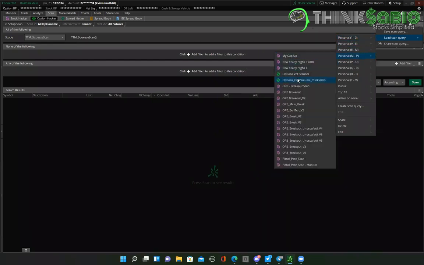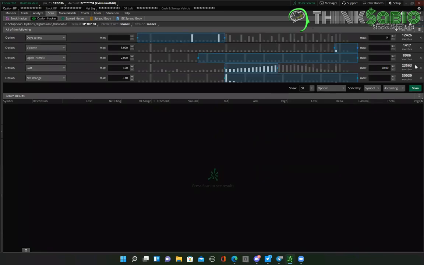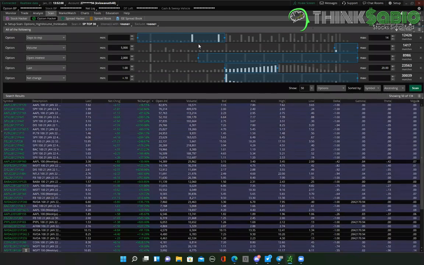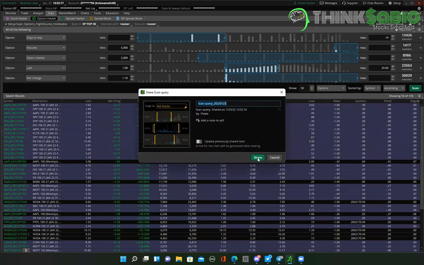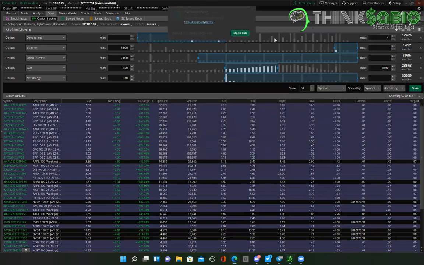Options volume scanner, here. This is a scanner that one of the guys in Thinksabio provided. I'm sorry, I don't recollect the name. I can provide this to you, and you can use it if you want.